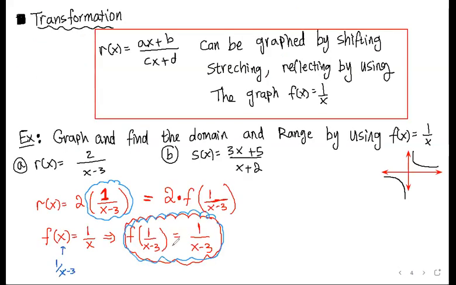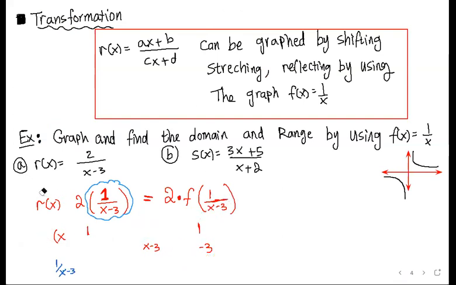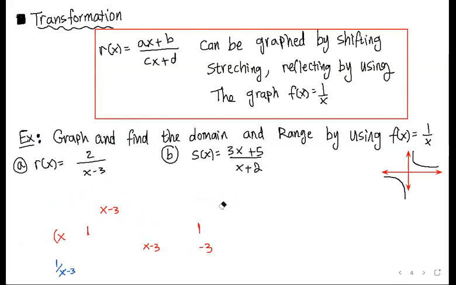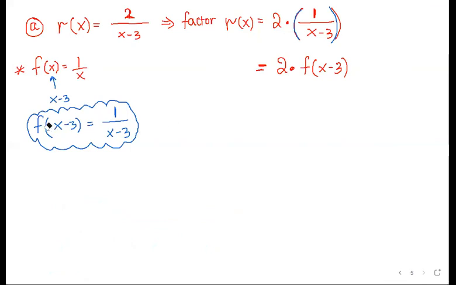Here I make a small mistake. This is wrong. Forget this one. So f of x minus 3 is the same as 1 over x minus 3. Now, instead of these things, I put f of x minus 3.